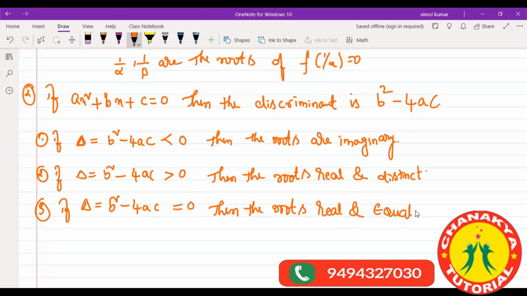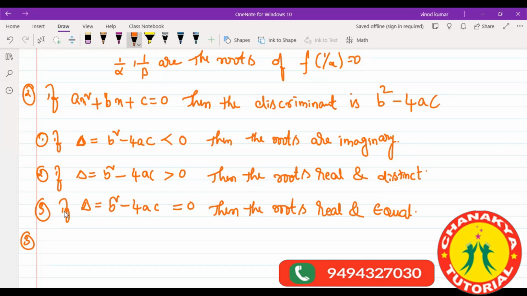Suppose the given quadratic equation has the same roots. Same roots means the root is nothing but a double root or repeated root.